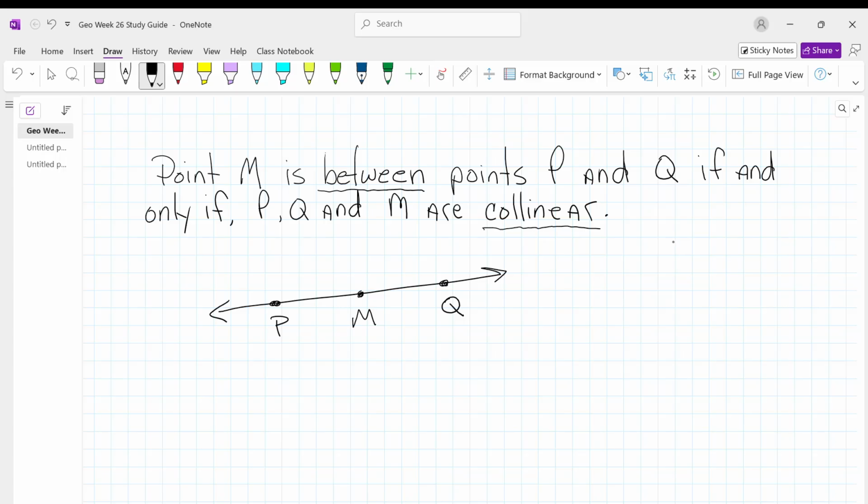So now there's 3 rules that apply to this betweenness concept. This segment from P to M, that's called PM.